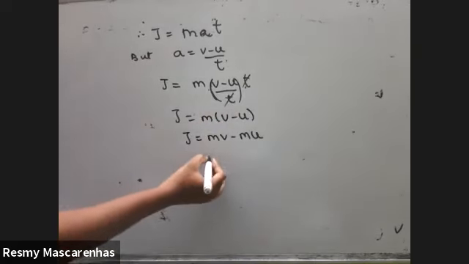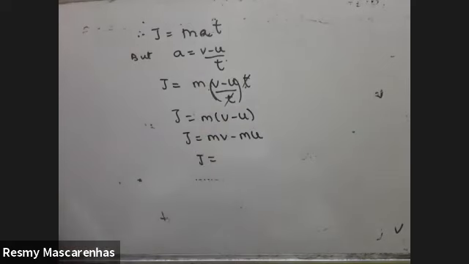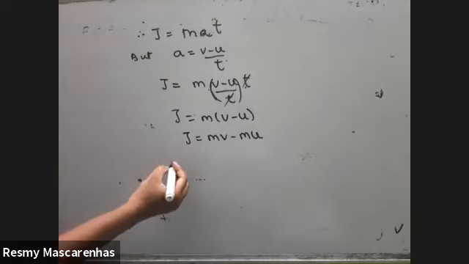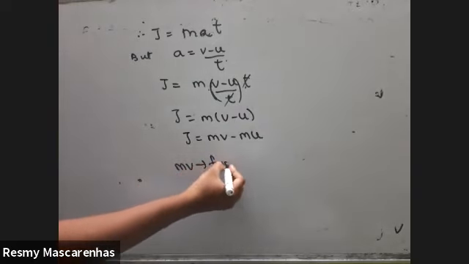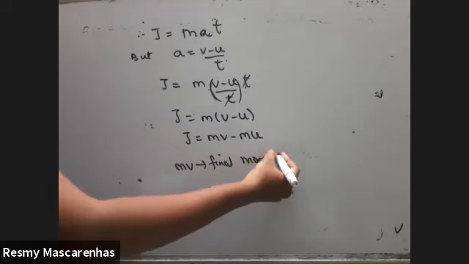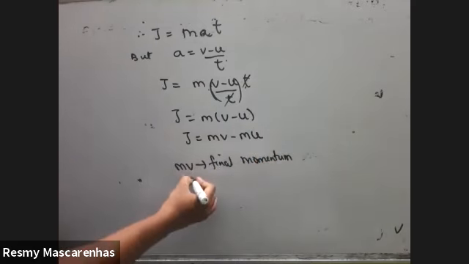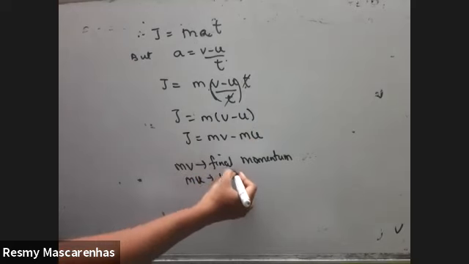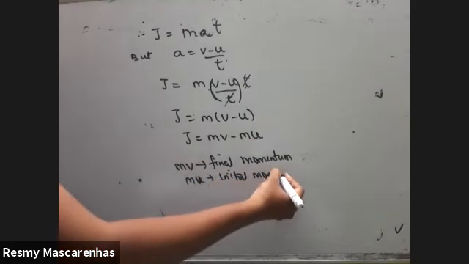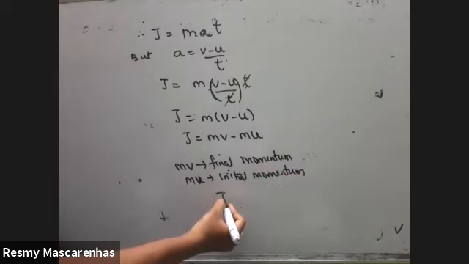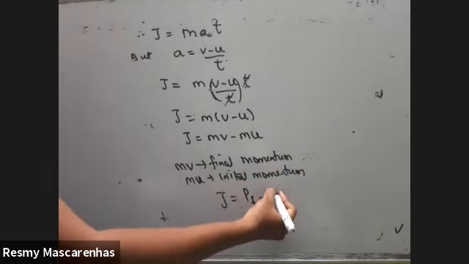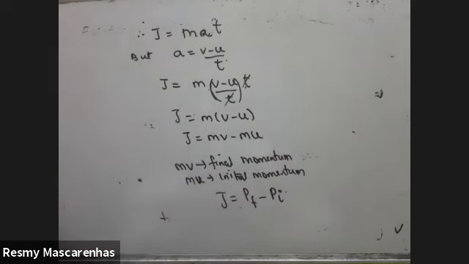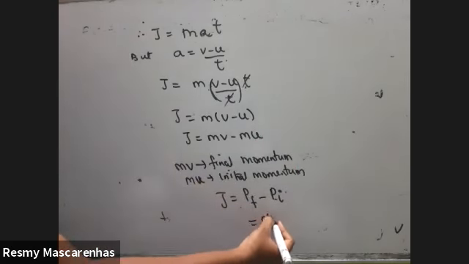So what is mv? Can anyone tell me? m into v, in terms of momentum. Yes, final momentum. And mu is nothing but initial momentum. That's why impulse is nothing but final momentum minus initial momentum. What is this? Nothing but change in momentum.